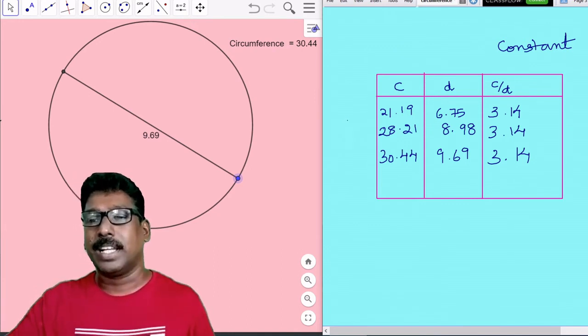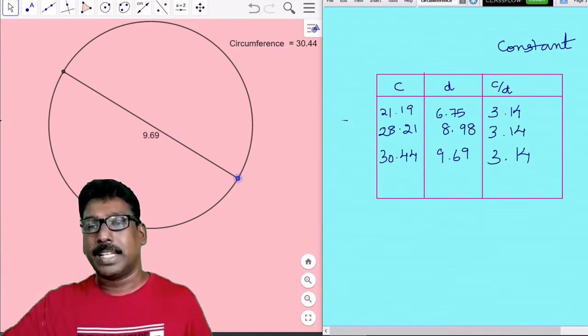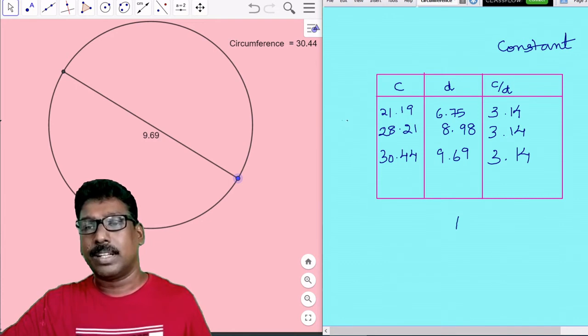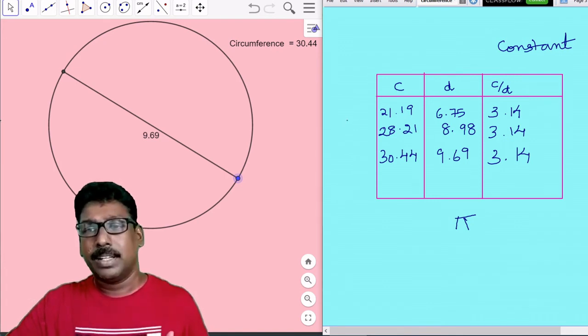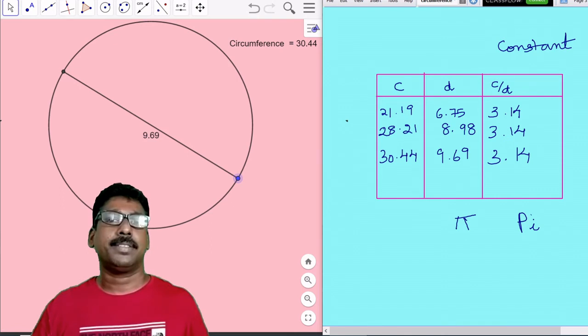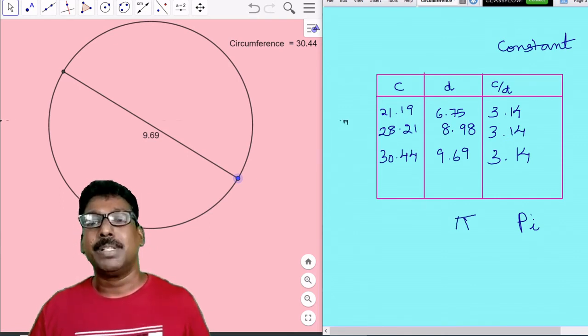So this we can represent by a letter. It is a Greek letter or symbol, and it is called pi.